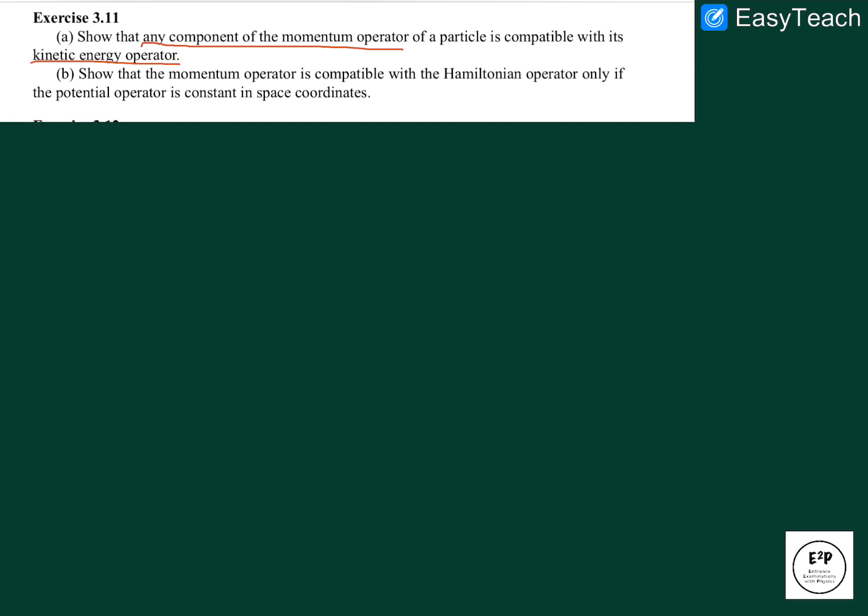So first we have to fix what is the momentum operator.